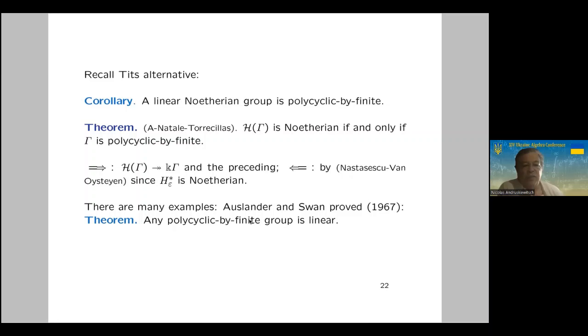One implication is clear. If H gamma is Noetherian, K gamma is a quotient of H gamma, and then it is Noetherian, so gamma is polycyclic by finite by the Tits alternative and the previous result. And the converse uses an old result by Năstăsescu and Van Oystaeyen. And actually, this gives many examples of H gammas that are Noetherian, because Auslander and Swan proved that any polycyclic by finite group is linear.